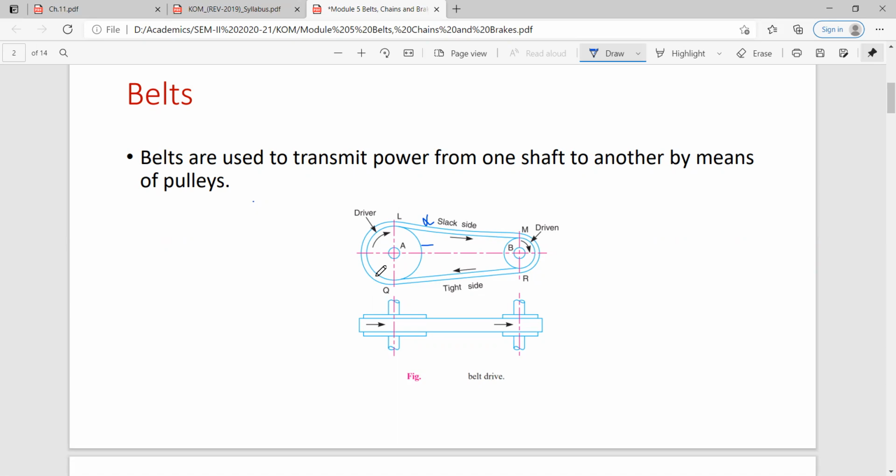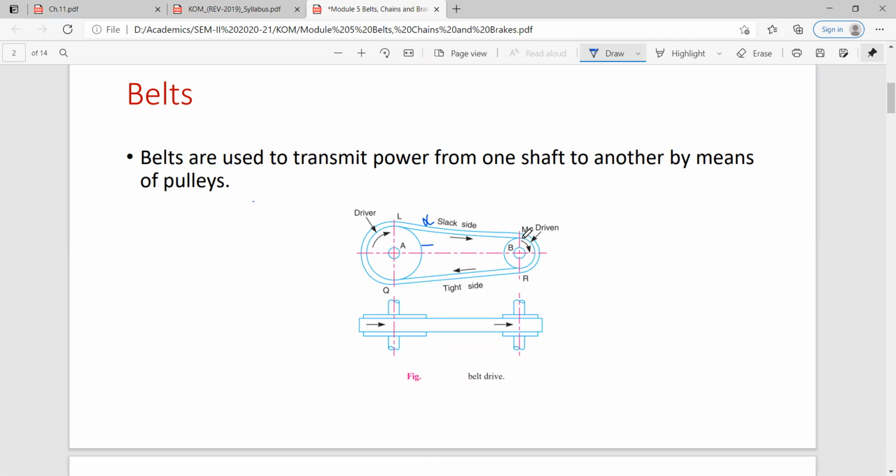And when the same belt passes over the driven pulley, the belt carries this pulley forward with it because of friction.